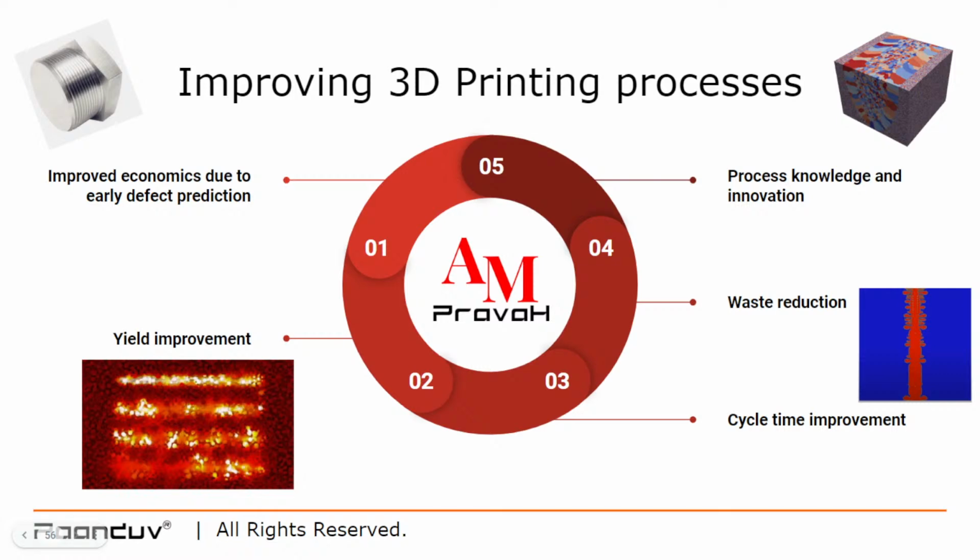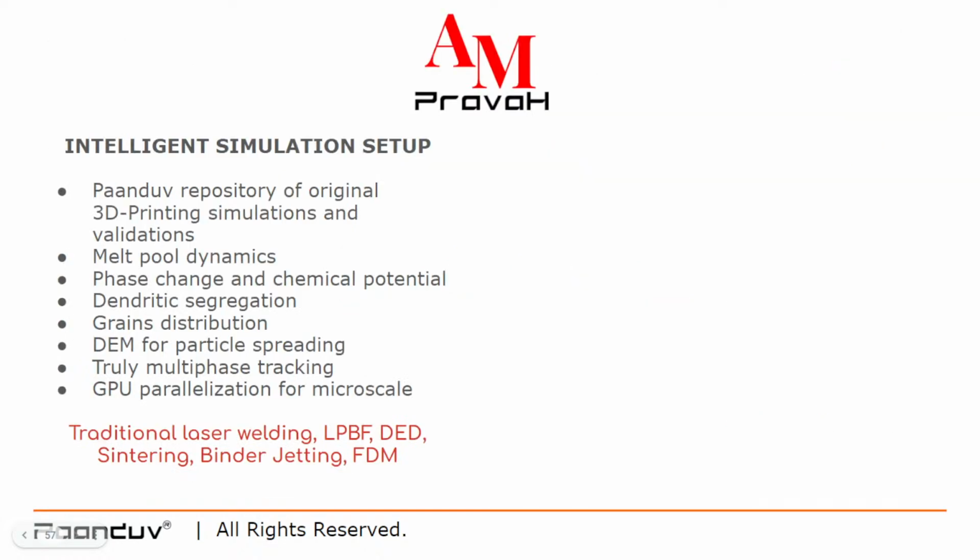Therefore, we thought let's wrap all these multi-scale models and solvers into a single solver where users can seamlessly interact between different scales. We want to call this product AM Prava. We are still under development, but it will be released sometime later this year.